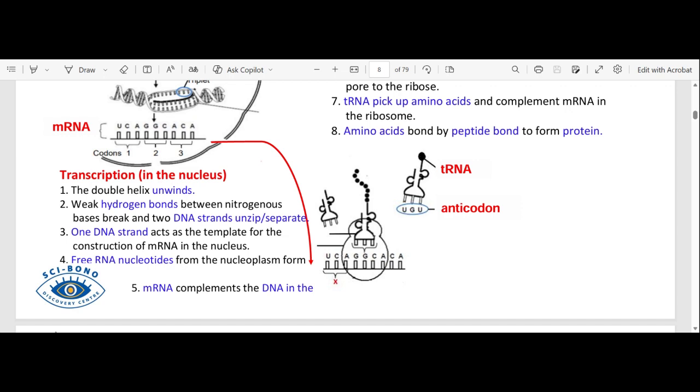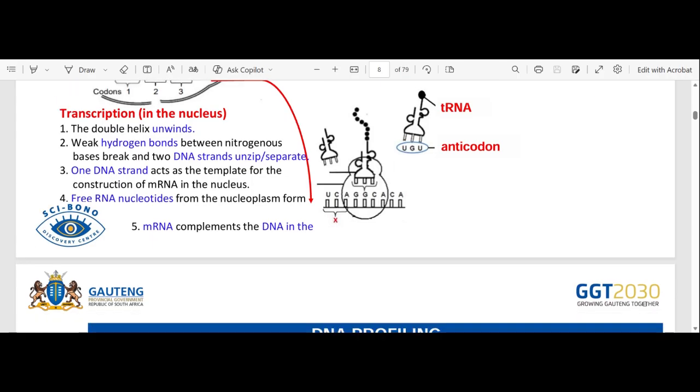Whereas the mRNA is just a horizontal structure carrying nitrogenous bases. And this structure where it is attached is called the ribosome. So this is the site of translation. Now let's continue.